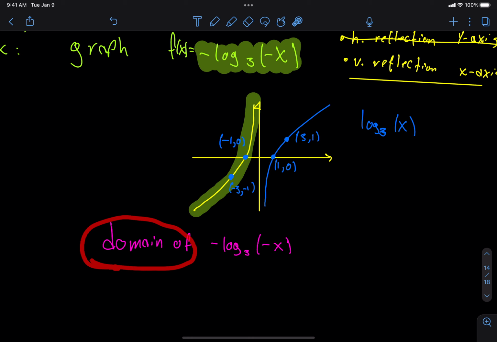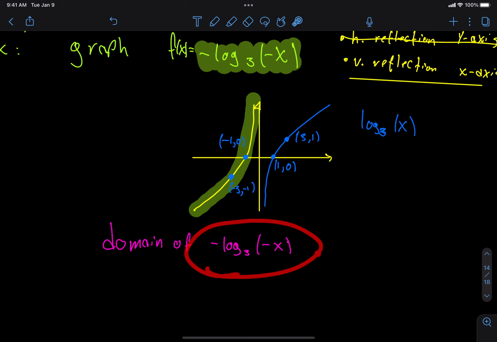So I get a big bucket and I collect all of the numbers which I say, this one's okay to be plugged in, this one's okay to be plugged in. Oh, you are not okay, I'm not gonna put you in the domain, right? What are the numbers which are allowed to be plugged into this function? Yeah, only negative numbers. The domain is going to be negative infinity up to 0, not including 0. Why?